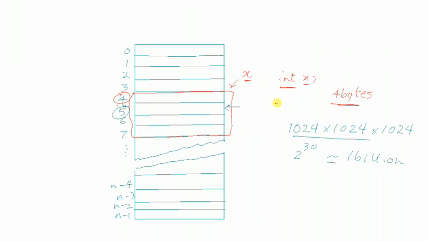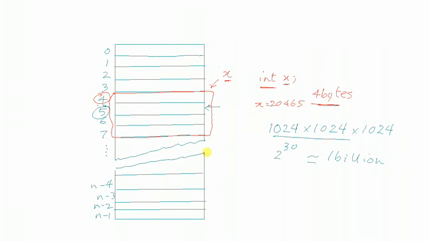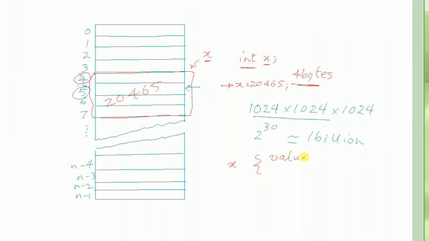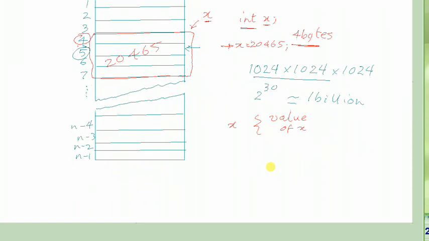Later on in the program, if I say x is equal to 20,465, when it executes this statement, it writes 20,465 in all these 4 bytes combined together. Okay, so this is the value of x.